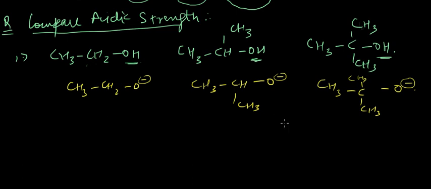As you can see, this group will be having more inductive effect. Already it is having huge inductive effect, so it would be pulling electron density from the O minus, hence this would be most unstable, followed by this, then followed by this. So the order would be this.